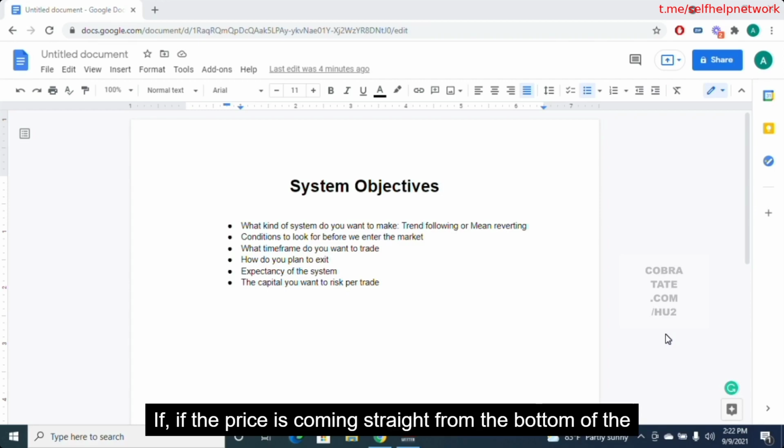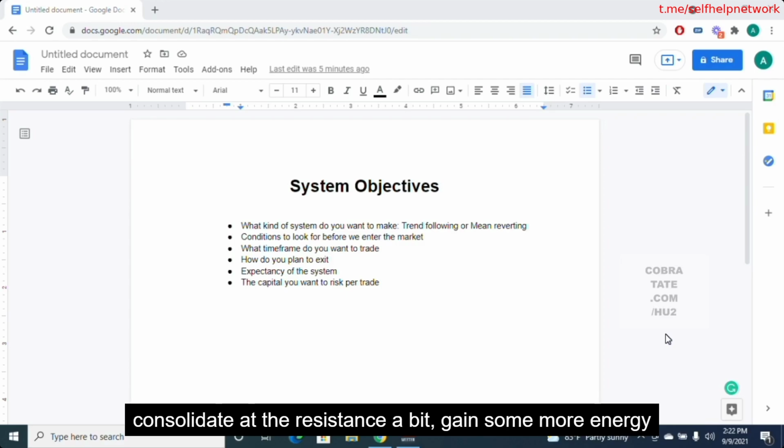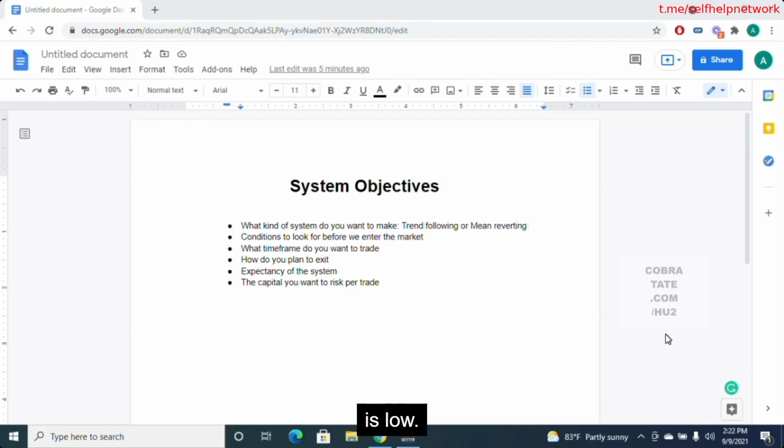If the price is coming straight from the bottom of the box, straight to the top and breaks out directly without any consolidation, I won't technically miss it. I would put in half a position, but in ideal scenarios, I like it to consolidate at the resistance a bit, gain some more energy, and then push out with strength, so the chance of a failure is low.